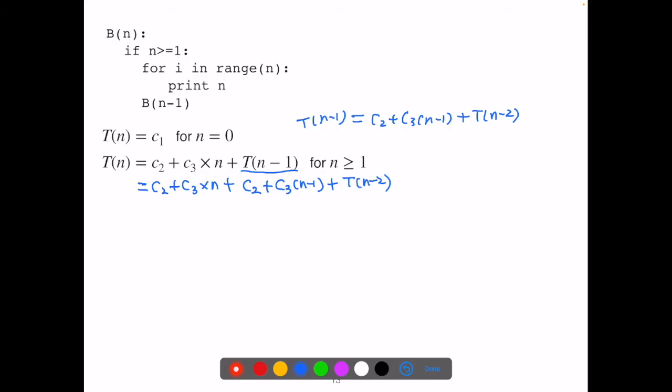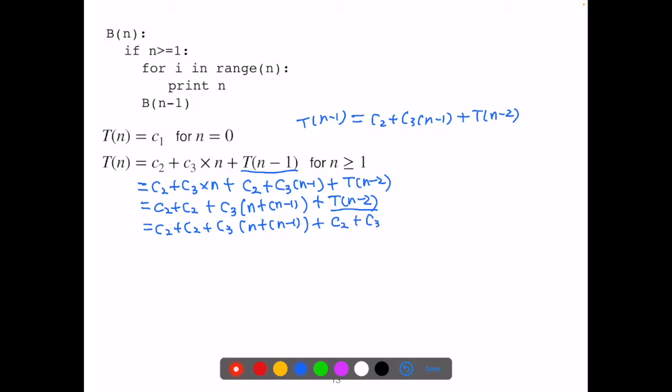Once that's clear, we can rearrange this a little bit. We move all the C2s together and we have C3 times n plus n minus 1, and Tn minus 2. And we can further replace Tn minus 2.